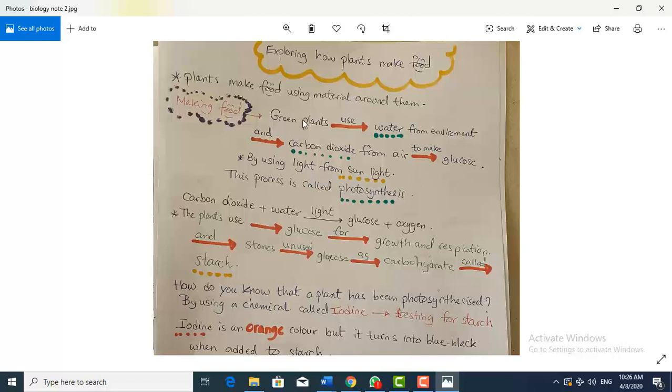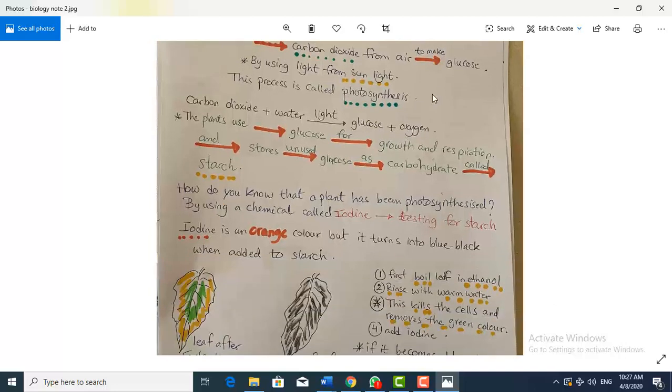So the whole process of the plants using water from their environment and carbon dioxide from air to make glucose, and in addition to that, using the sun as a source of light, is called photosynthesis. So the equation here can be so simple. The carbon dioxide and water in the presence of light gives me glucose and oxygen.